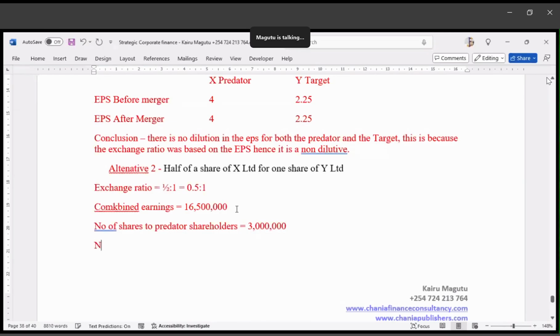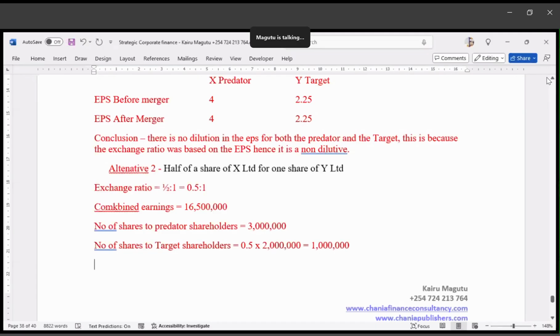Then we have number of shares to target shareholders, which is equal to exchange ratio 0.5 multiplied by 2 million, which is equal to 1 million.